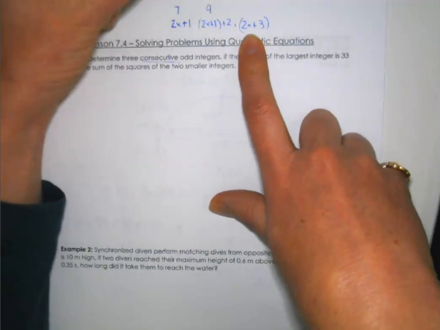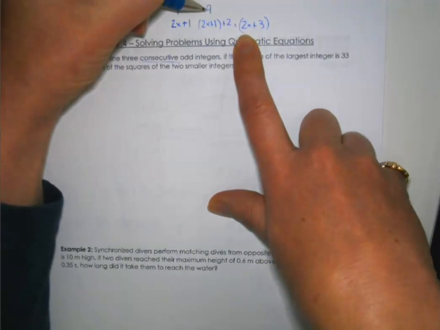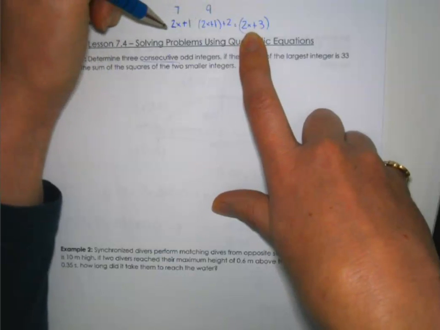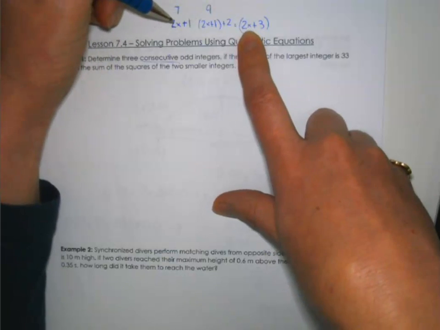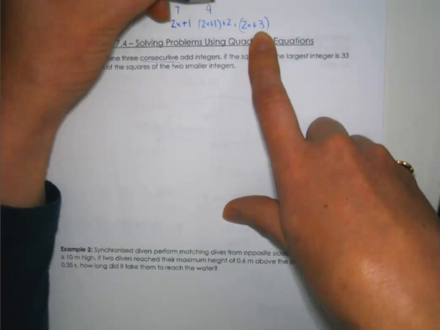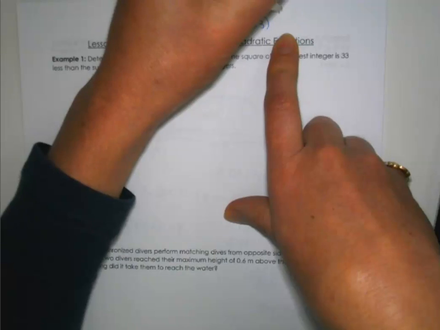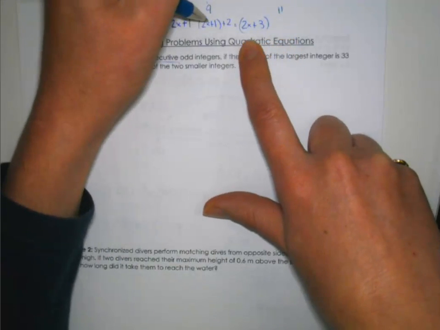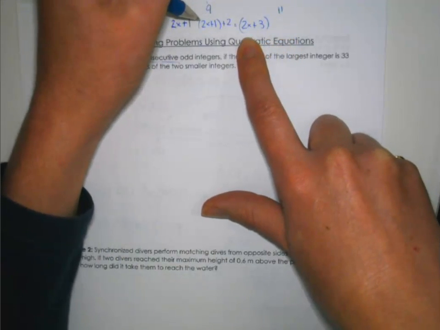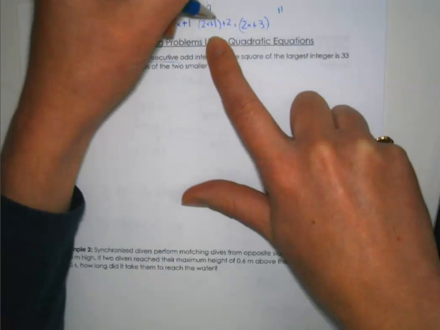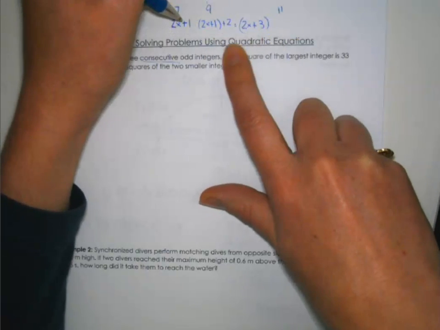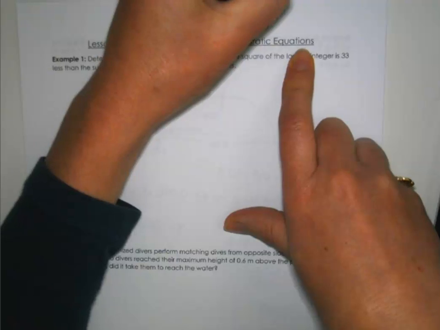That could be our statement for 9. 2 times x would still be the value: 2 times 3 is 6, plus 3 gives us 9. What's our next odd integer after 9? It would be 11. So in this case, it would be 2x plus 1 plus 2 plus 2, so 2x plus 5.